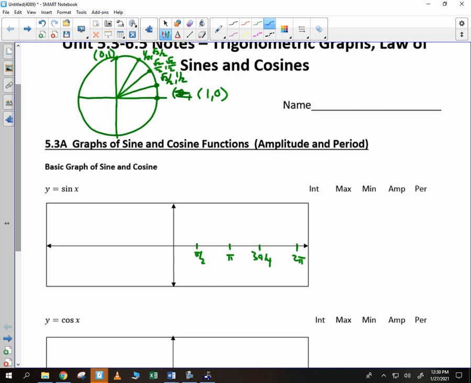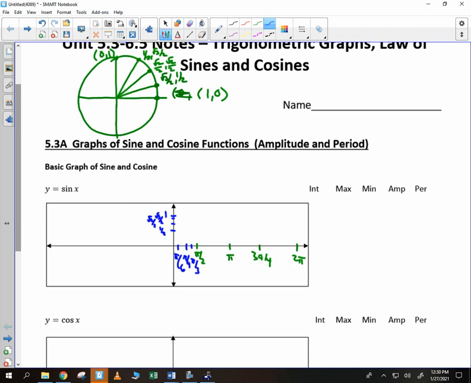Now, what's interesting about this is if you take pi over 2 and you mark it as, say, pi over 6, pi over 4, pi over 3, and then we put some y values up here: that would be 1, this would be 1/2, we have root 2 over 2, and root 3 over 2.